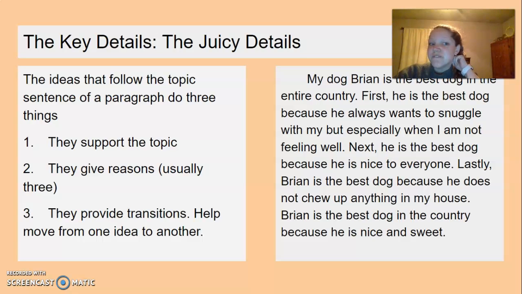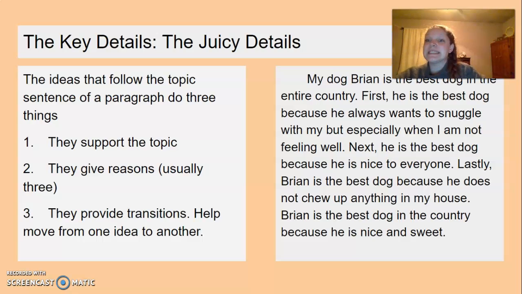So this is my first supporting detail, my first key detail, and I started it with a transition word. First is my transition word, and then my key detail is he is the best dog because he always wants to snuggle with me, but especially when I'm not feeling well. So that's my first key detail that supports my topic of Brian being the best dog in the entire country.